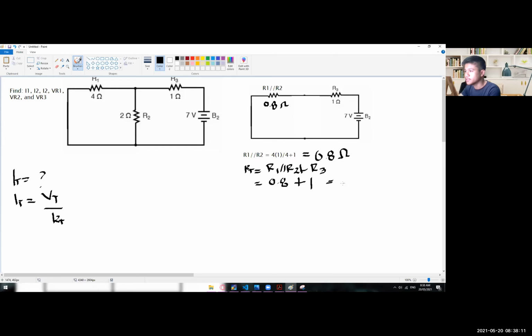So for the R total, we have here 1.8 ohms. So we can now solve for the value of total current. V total is 7 volts. So 7 divided by 0.8 is equal to 8.75 amps.